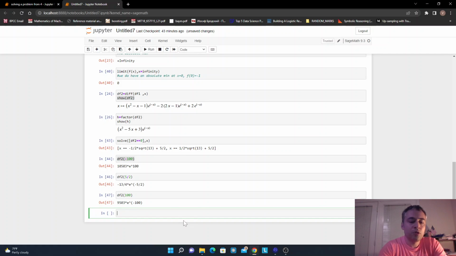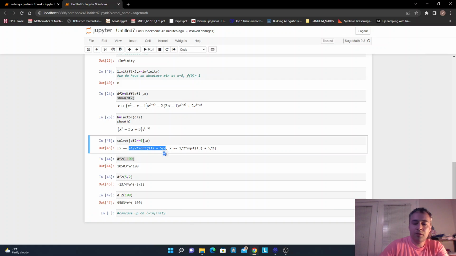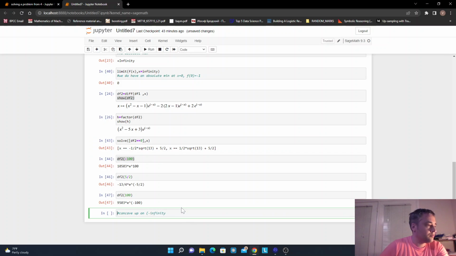We can write a conclusion. Concave up on minus infinity to this value. I'll just copy paste it. Comma, the other interval starting from the same value to plus infinity.